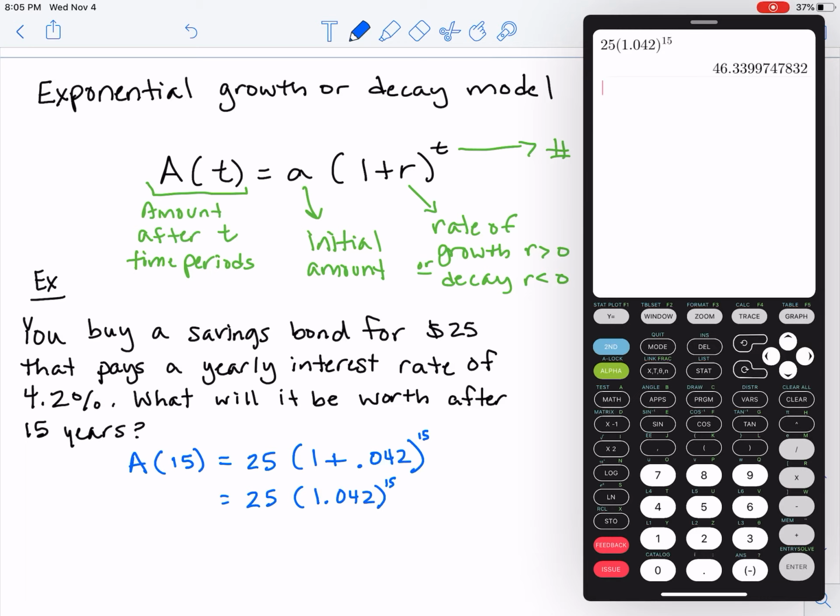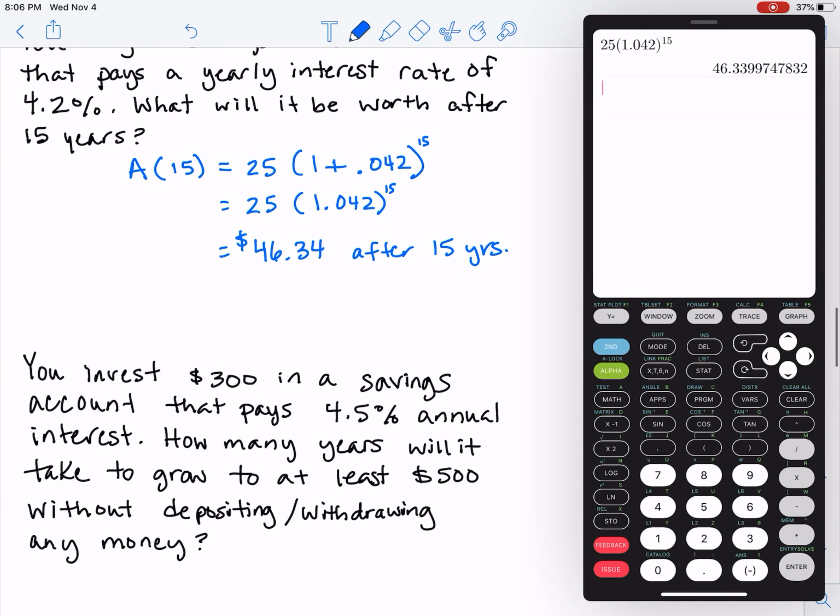And I'm going to push enter. So that's going to be $46.34. So after 15 years, that savings bond is going to be worth $46.34. Okay? Let's take a look at another example.